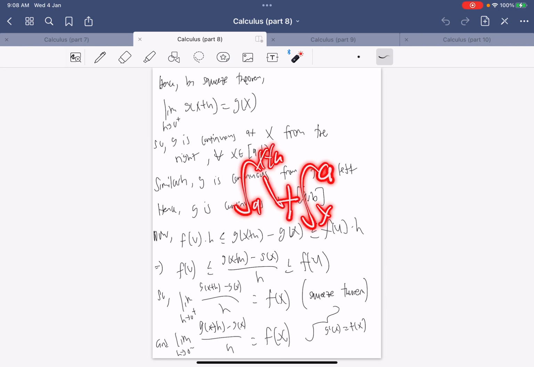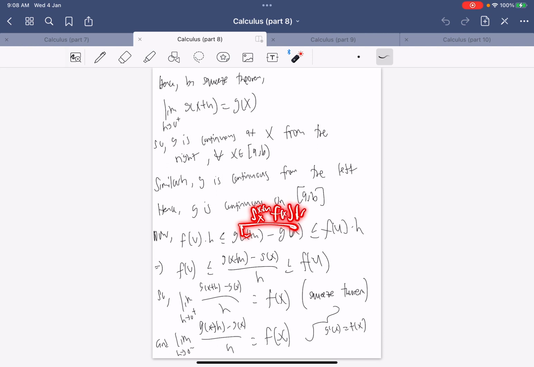So this thing will become the integral from x to x plus h. And then we know this part will be the integral of x to x plus h of f(t) dt.